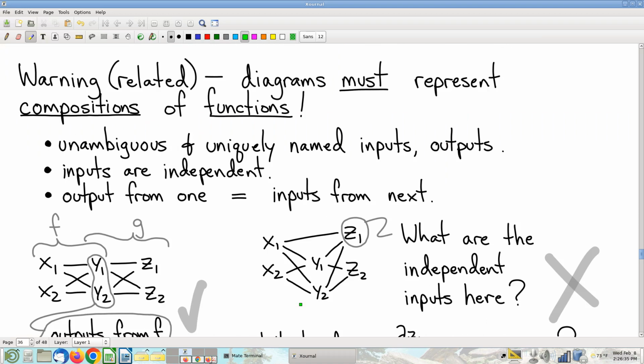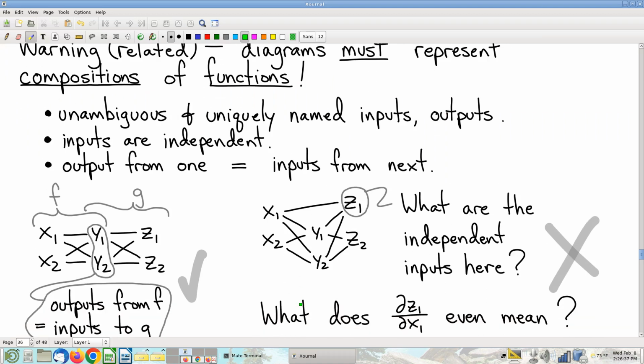All right, next warning. When we compose functions, you can make a little diagram relating variables like this. That does not mean that any diagram that you write that relates variables can be instantly and as is interpreted as a composition of functions.